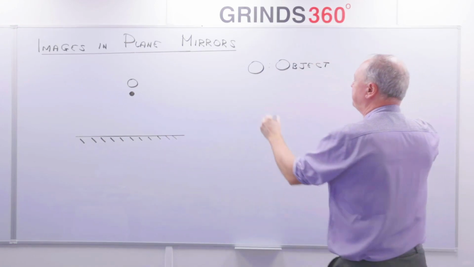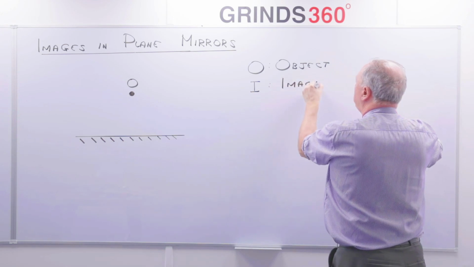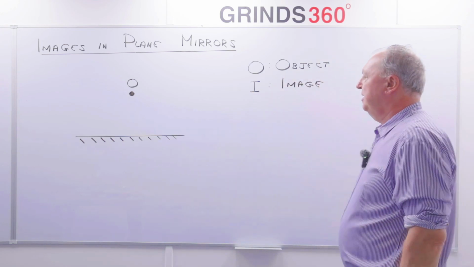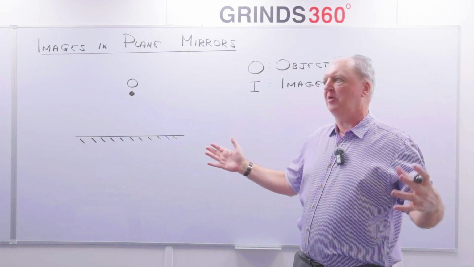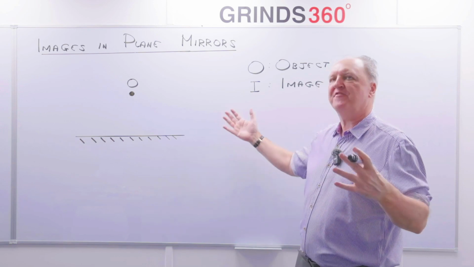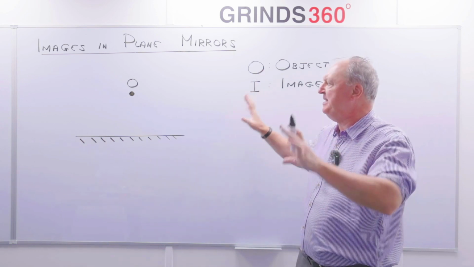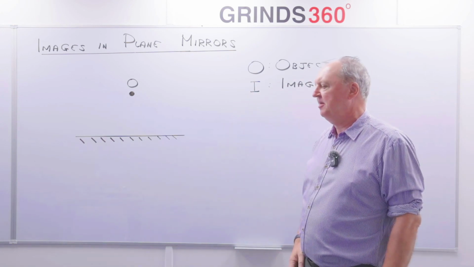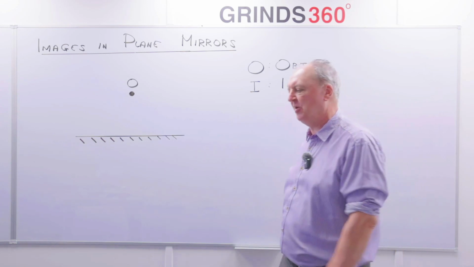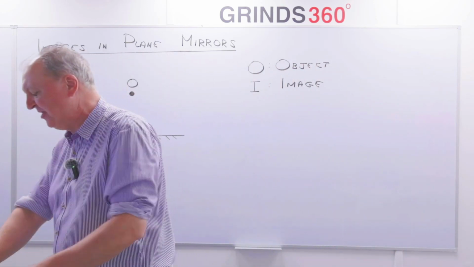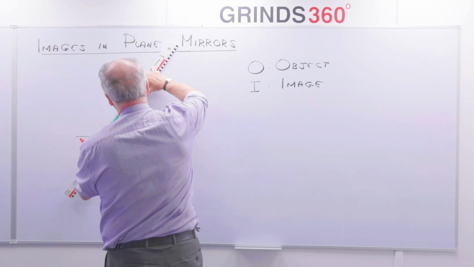So I'm going to represent the images by the letter I. Now, if I take that particular object there, well, there's an infinite number of rays of light coming from it, getting reflected from other materials or whatever. But there's an infinite number of rays coming from that. I'm just going to take 2 rays and find out where they end up. Any 2 rays whatsoever. So let's take a random ray of light coming from this particular object going towards the mirror.